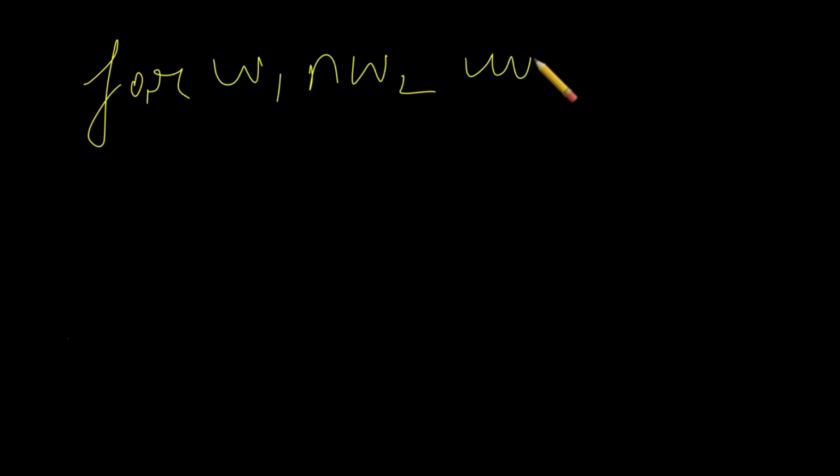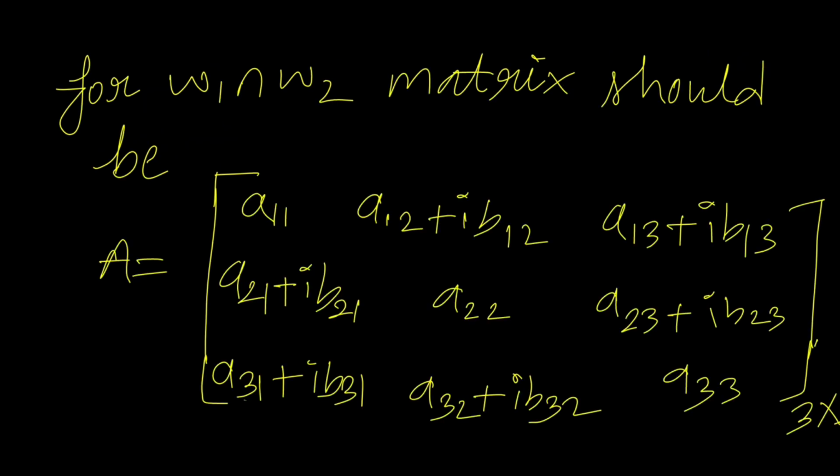We should get a matrix where the conditions of W1 and W2 both apply to the matrix A. The diagonal entries should be real, with imaginary parts 0, and with symmetry between the upper and lower off-diagonal elements.